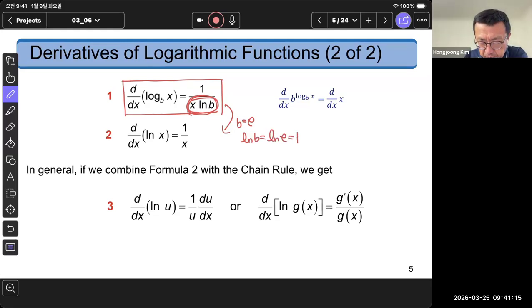So when I differentiate the natural logarithmic function, you get 1 over x. So you need to memorize this, or at least write down this formula on your cheat sheet.